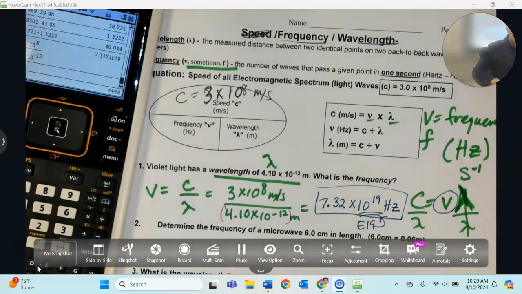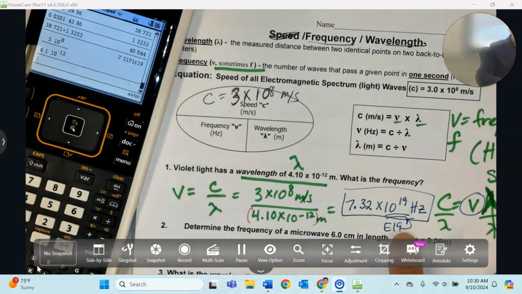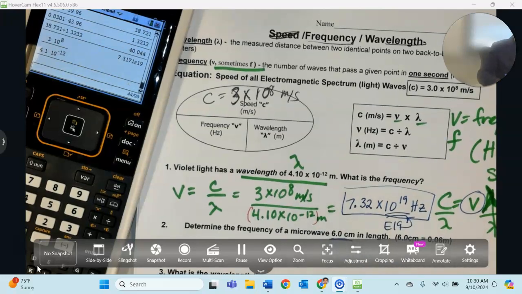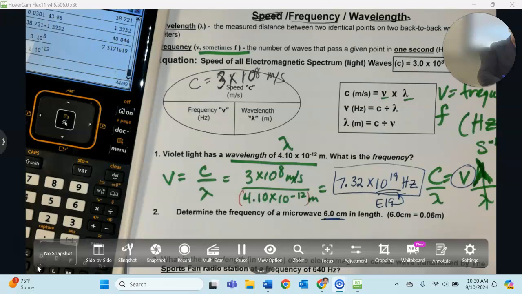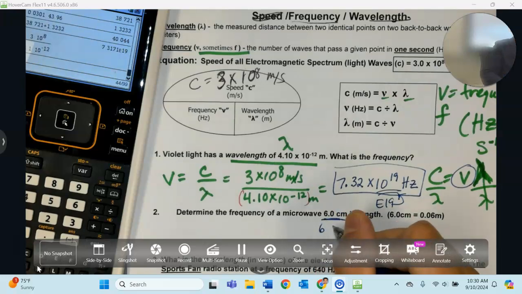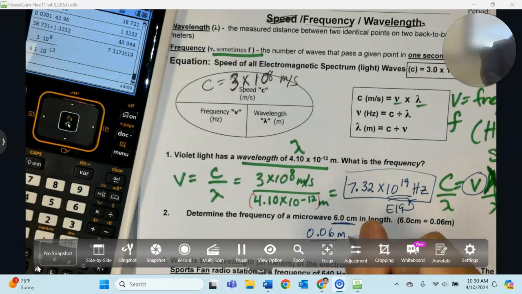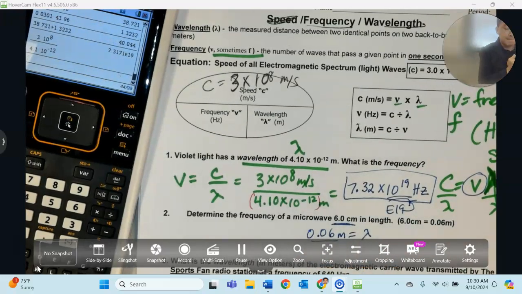Okay, so your turn now. There's a wavelength. Now it's a microwave, 6 centimeters. 6 centimeter is how many meters? You need to change this to meters. So 6 centimeter is divided by 100, so 0.06 meters. That is equal to your lambda. Okay.